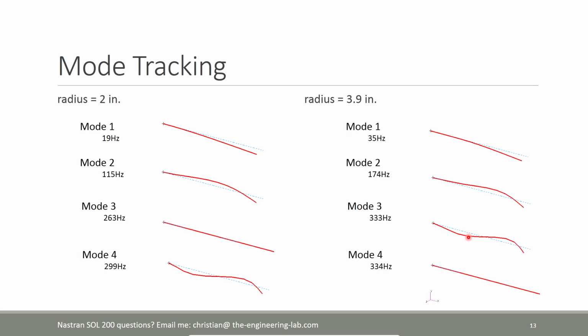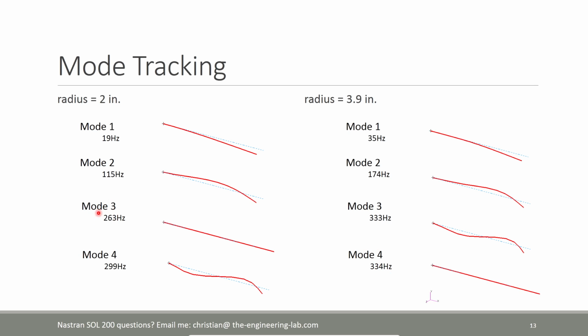What happened here is that what was once 263 hertz has now increased to 334 hertz. And the way I know that is because the mode shape for mode 4 is now extensional. So this means that what was once mode shape 3 has become mode 4.